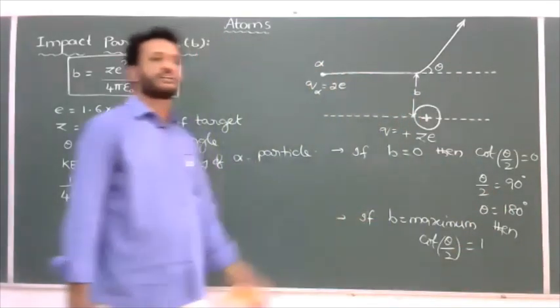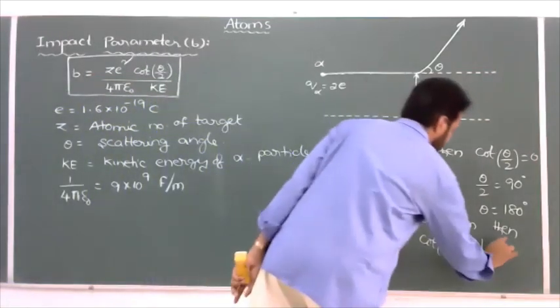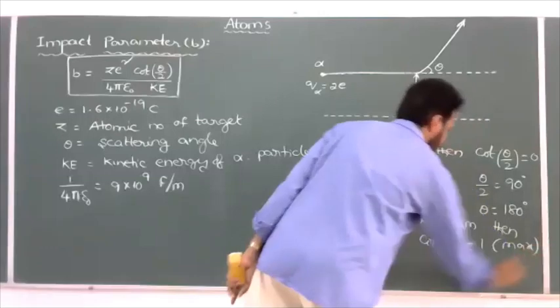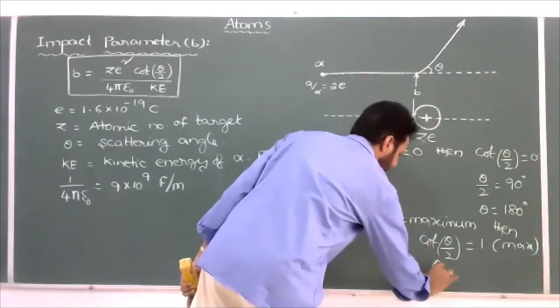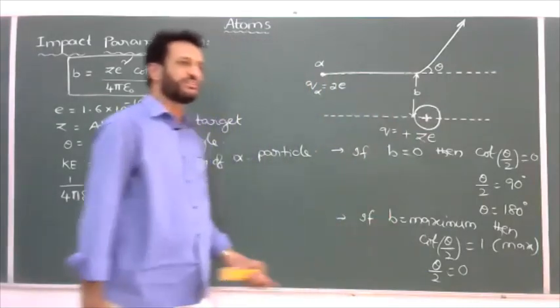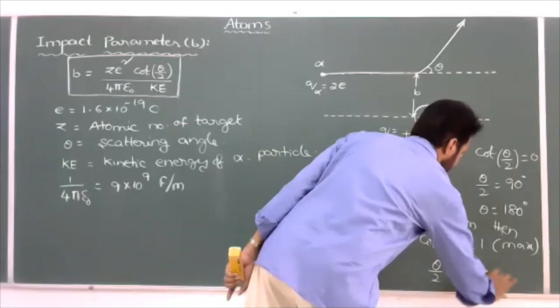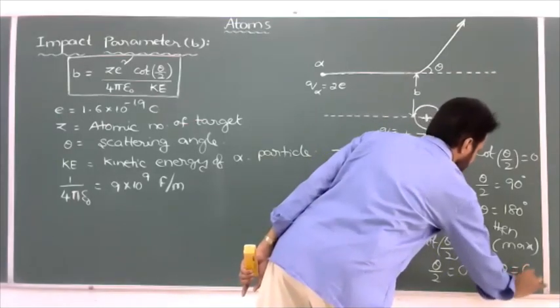The highest value of cos or cot is 1 only, so you should take maximum. When cot theta by 2 is maximum, then theta by 2 is equal to 0, because cos 0 equals 1. That implies theta is also equal to 0 into 2, which is also 0 only.